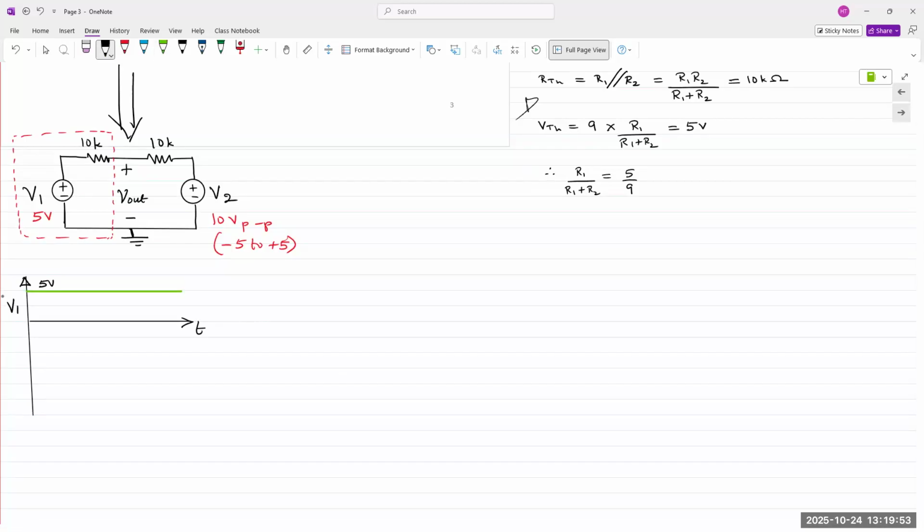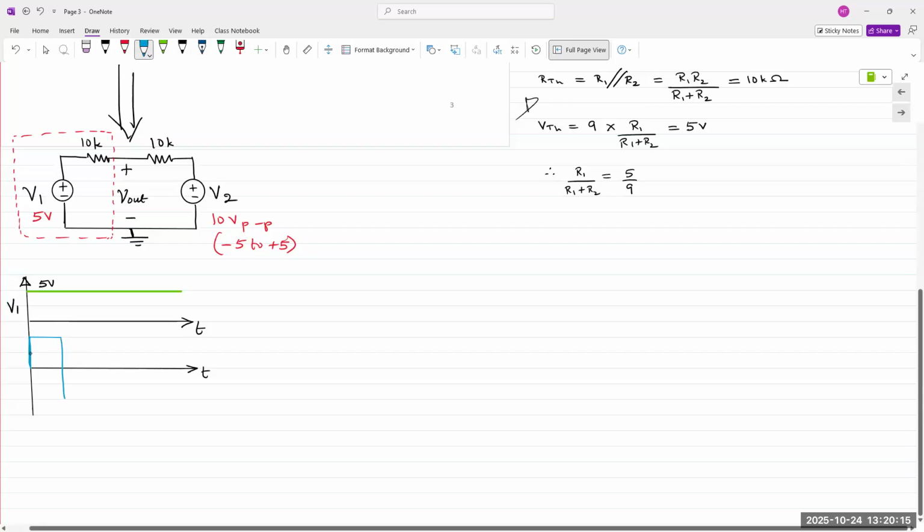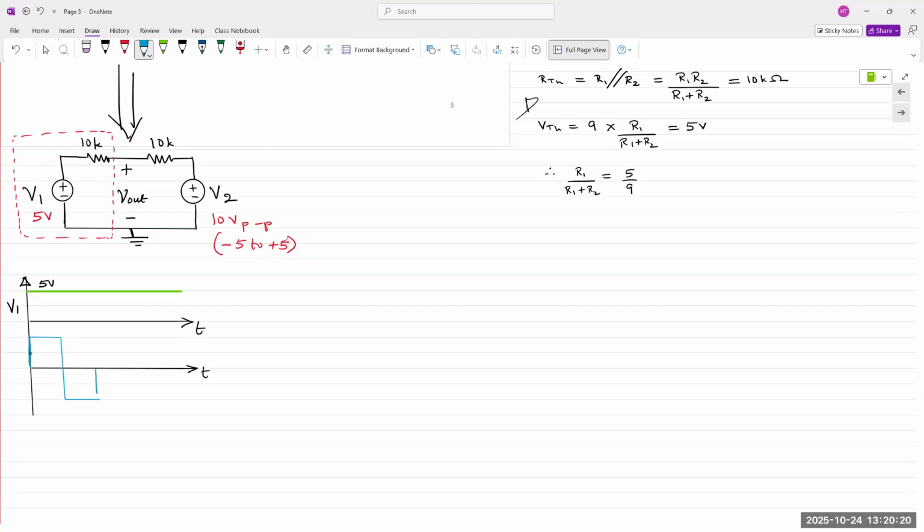And then your AC is here. Okay. So in the first time period, that AC has a level of 5 volts.